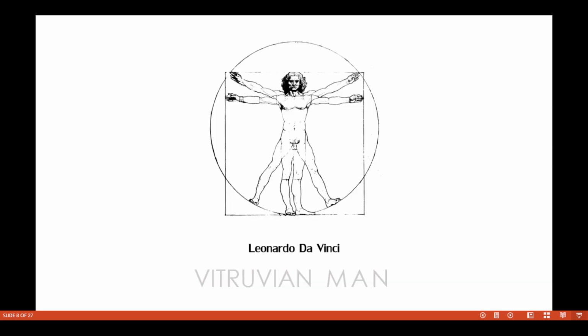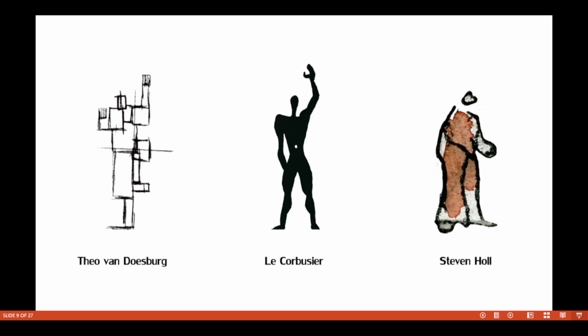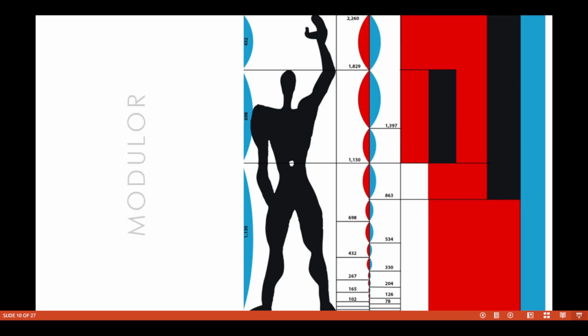This is the Vitruvian Man, sketched by Leonardo da Vinci, and how proportionately it fits into a square and a circle. These were the different human size scales which were derived by different artists and designers. And this is the Le Corbusier scale according to human measurements.